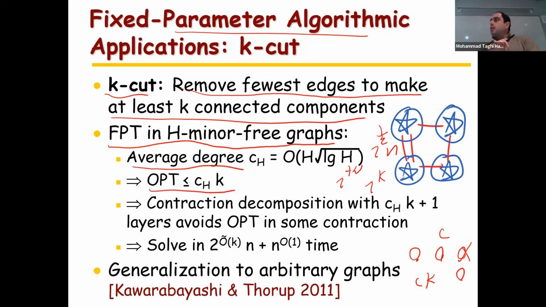So the average degree would be C of H, which is size of H, meaning the size of the vertex set V of H, times the square root of log of the size of the vertex set. But it's a constant, as we generally consider H-minor free graphs where H is a constant. So everything would be constant. So we know that the optimum would be at most C_H times K.